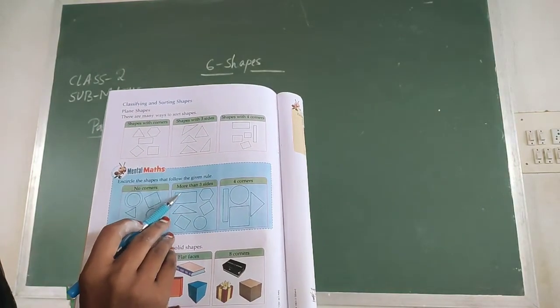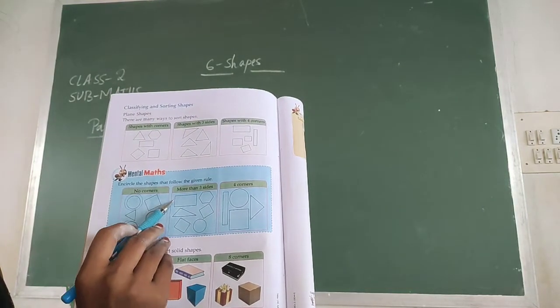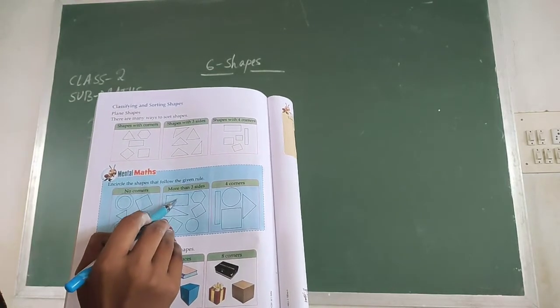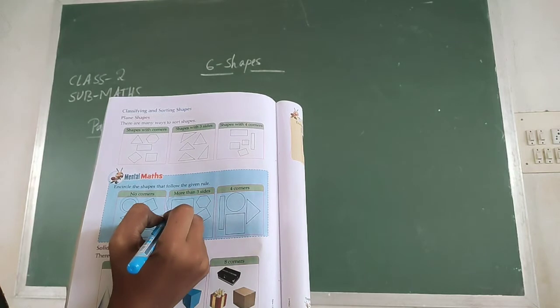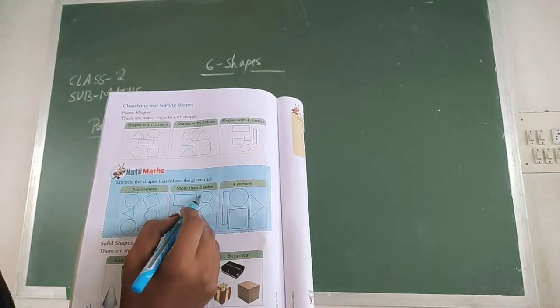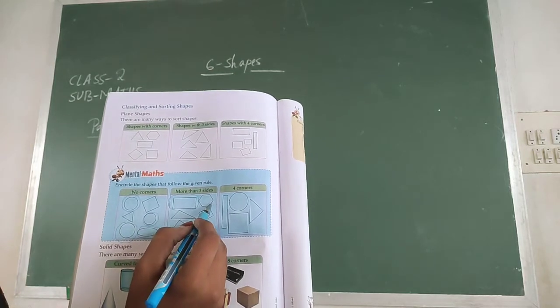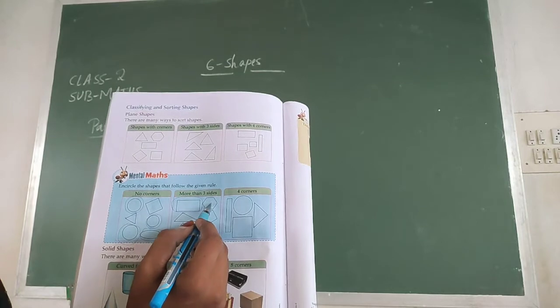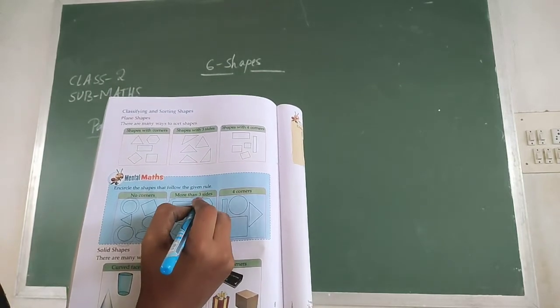See here, this shape has 1, 2, 3, 4. This shape has four sides, so encircle this shape. Come to this shape. It has 1, 2, 3, 4, 5, 6. It has six sides, so encircle this shape also.